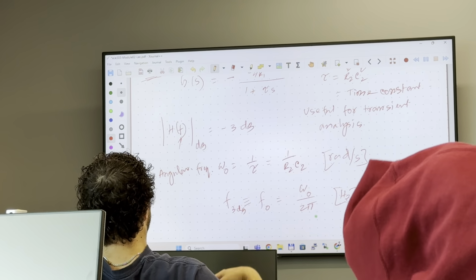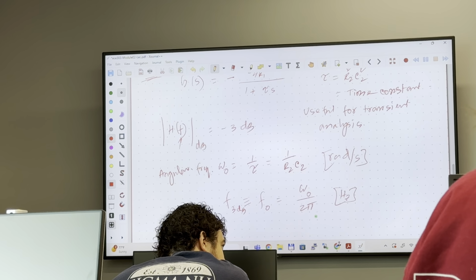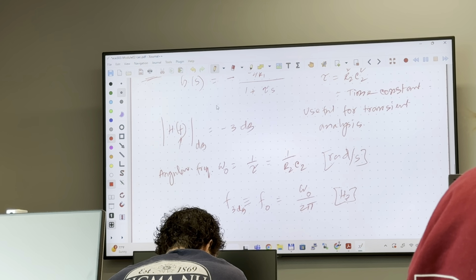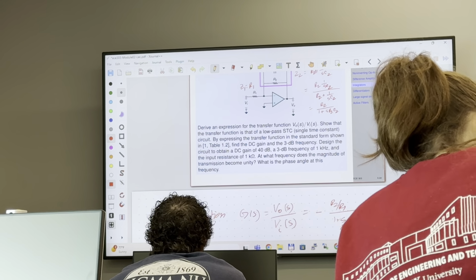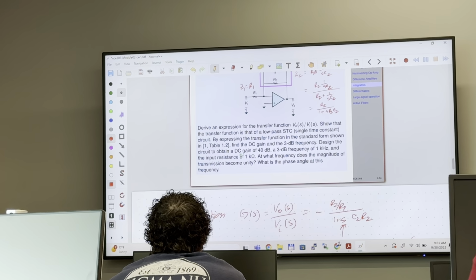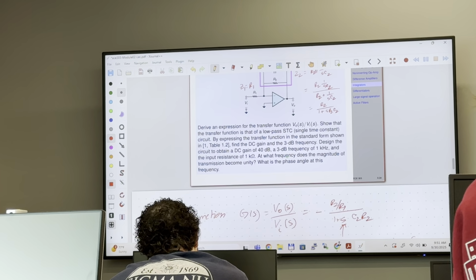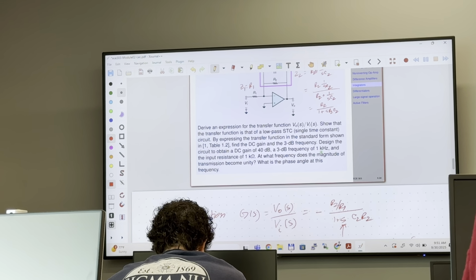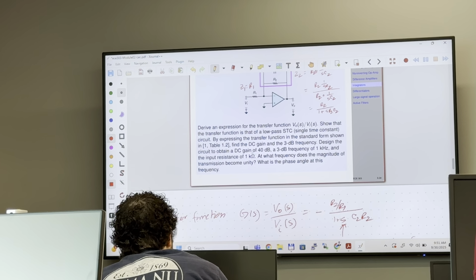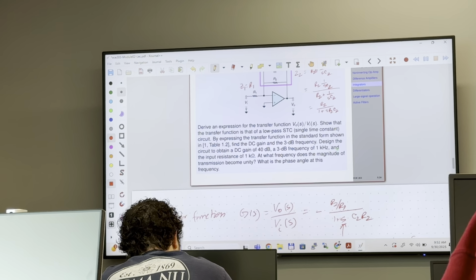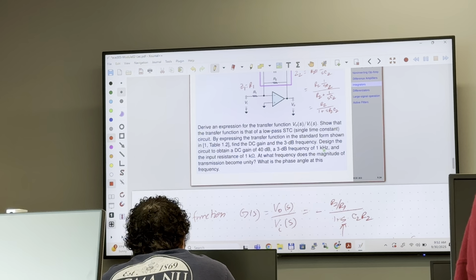The final question here: design the circuit to obtain a DC gain of 40 dB and a 3 dB frequency of 1 kilohertz.